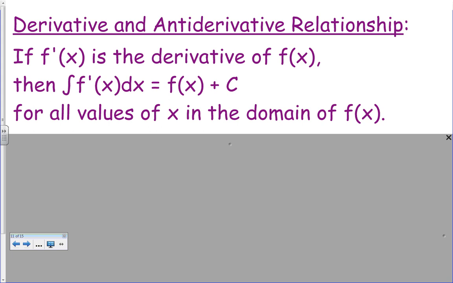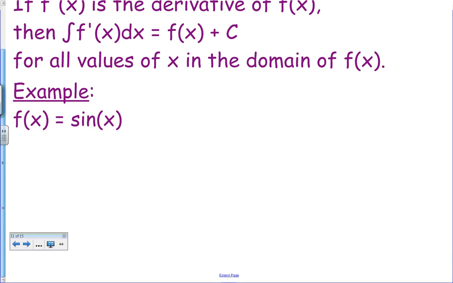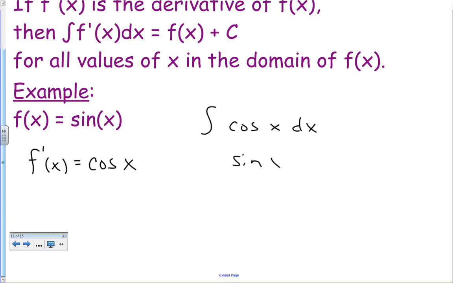Let's take a look at an example just to illustrate what this property is stating and what we've actually used over and over again. Let's say that we've got some function f of x, the sine of x. We can find f prime of x, of course. The derivative of sine is the cosine of x. And so, if I find a derivative, I can just reverse this process and find the antiderivative to get back to the original function. In other words, the antiderivative of the cosine of x dx turns out to be the sine of x plus c.